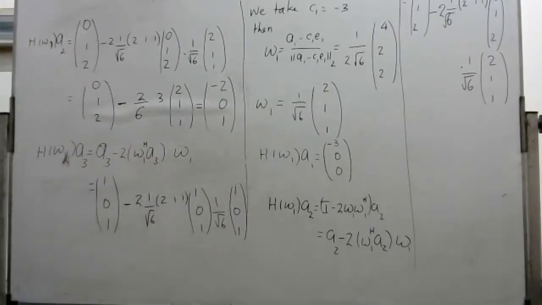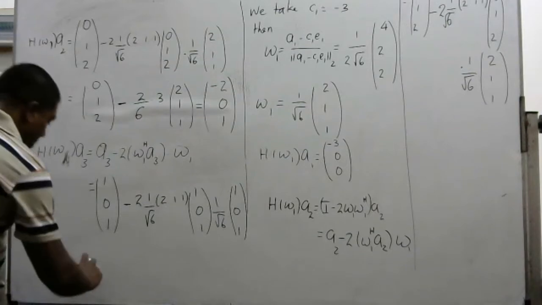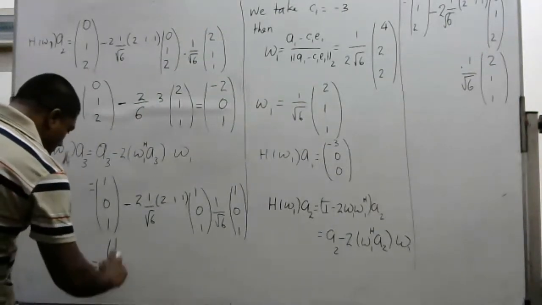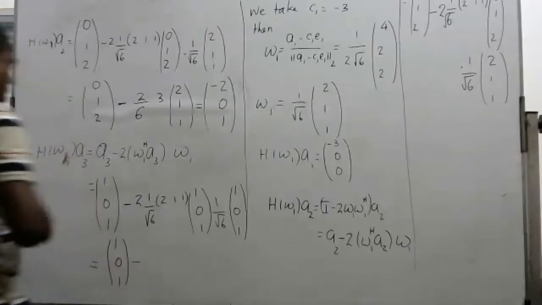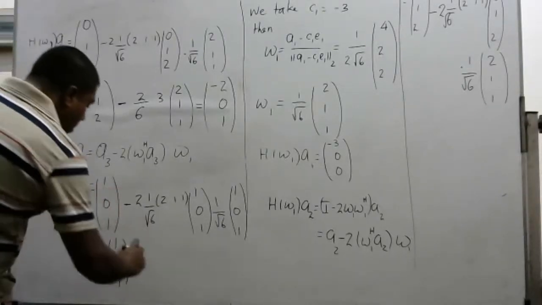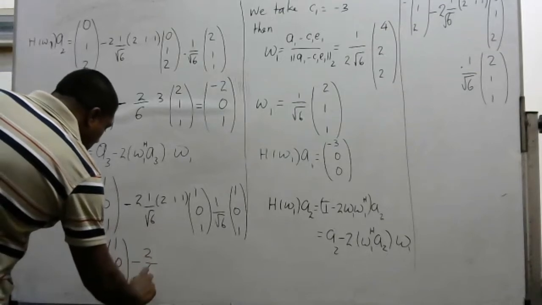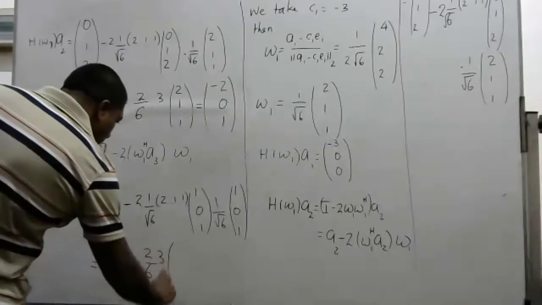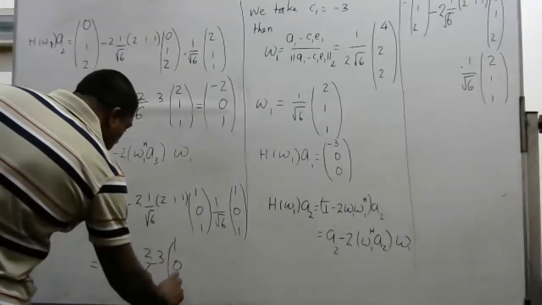Now you multiply this together and simplify. This is 2 over 6, and when you multiply, you get 2 plus 1 is 3, and then you get 1, 0, 1.